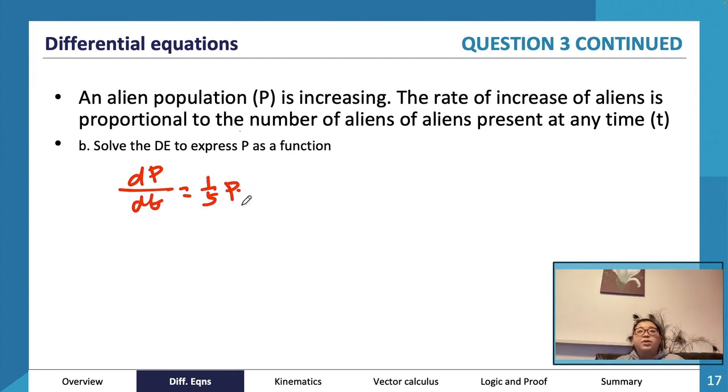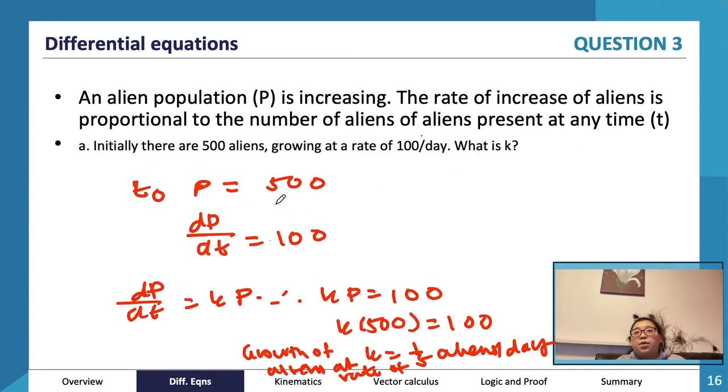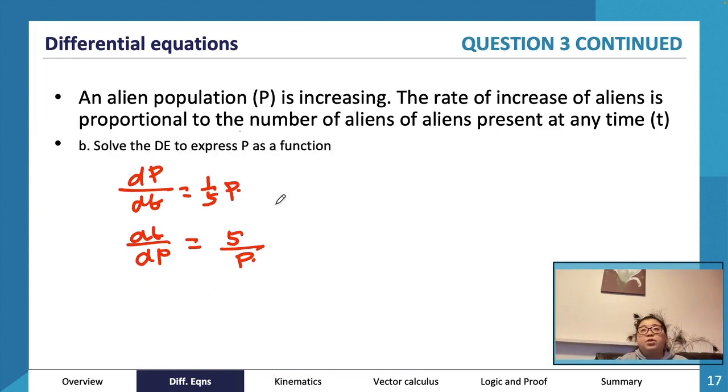So if you try and find out what that is, you'll get that dt/dp is equivalent to 5 over p. So you want to find t at any time t, and you know that at t equals 0, your population is equal to 500.